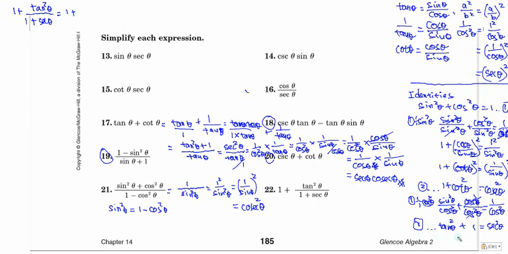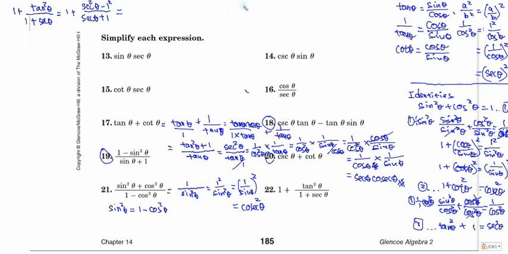If I make tangent square theta the subject, then tangent square theta is equal to secant square theta minus 1, since the 1 brings over to become minus 1. So secant square theta minus 1 over, let's rearrange this as secant theta plus 1. It's the same. Now, remember 1 can be put as 1 square.